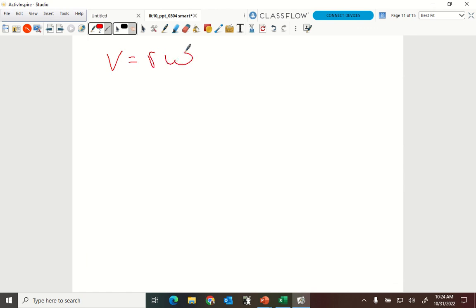Since I know the R and I know the W, that one should have been the one that you picked out right away. All right, let's plug it in. So velocity is equal to R. What was my radius? 6. Very good. Times W, which is 160 pi, isn't it? Okay. Do the multiplication.